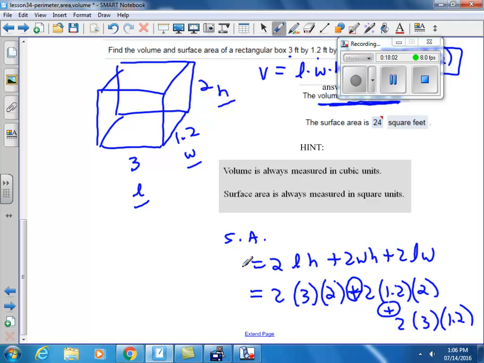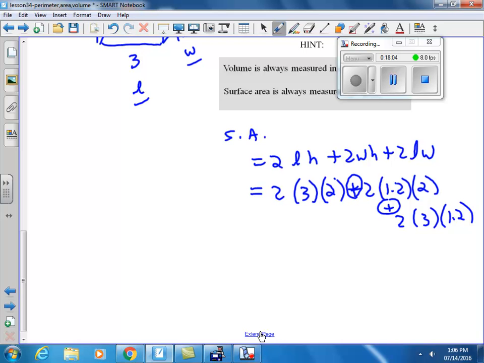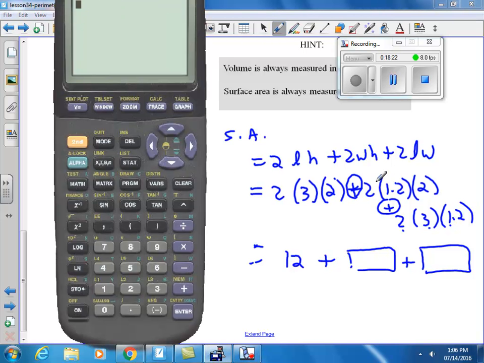So after all that sweat equity, let's clean that up. 2 times 3 is 6, times 2 is 12, so I'm just doing some mental math here. 2 times 1.2 times 2 is something, and 2 times 3 times 1.2 is something. Just going to clean that up, do it in pieces. 2 times 1.2 times 2 is 4.8, and 2 times 3 times 1.2.